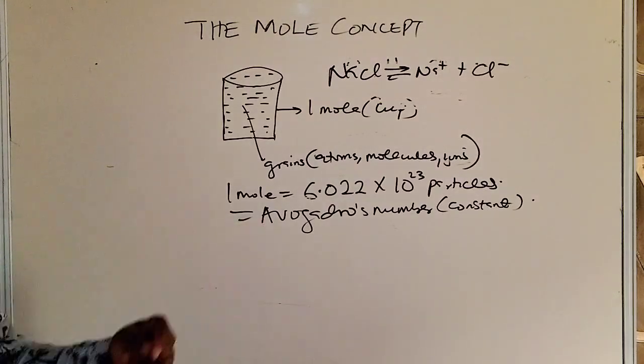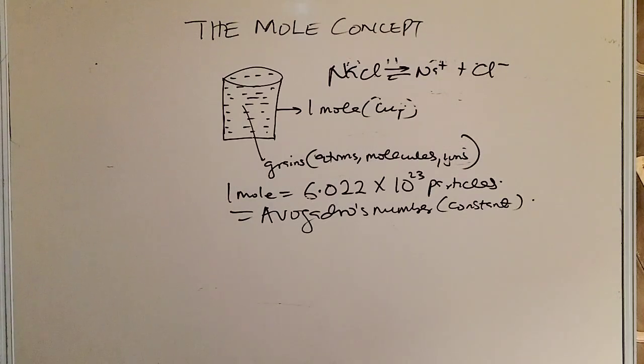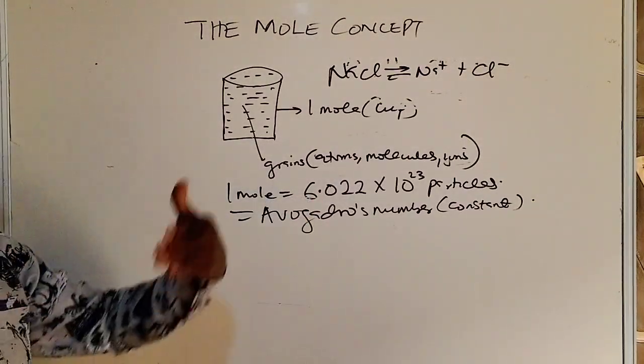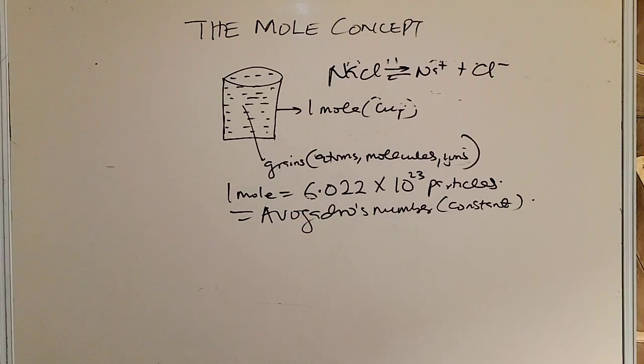Although Avogadro is remembered for his Avogadro's law or Avogadro's hypothesis in chemistry under gas law, he did not give the number called Avogadro's constant. So that is wonderful. Science has history.